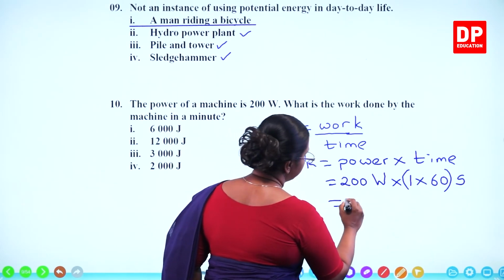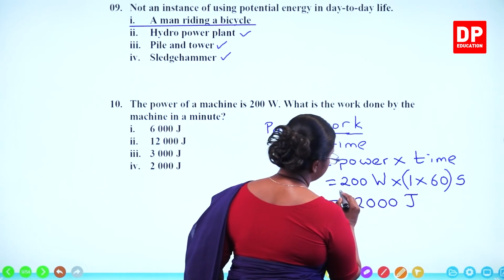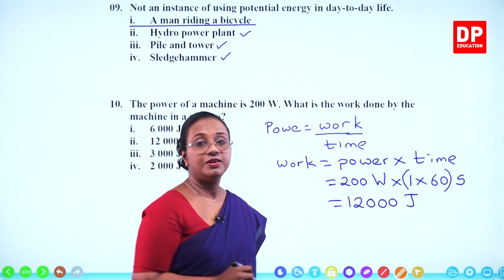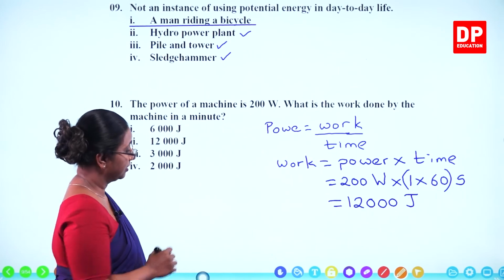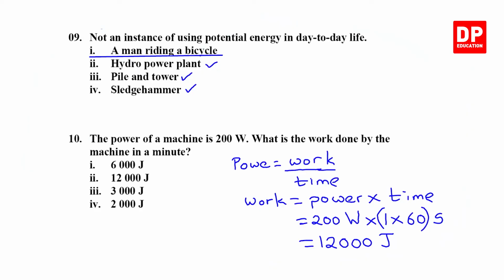So that is going to be 12,000 joules. 200 into 60. 2 into 6, 12. And it will be 12,000 joules. That is the work done. So if we look at the answers, 6,000 joules, 12,000 joules, 3,000 joules and 2,000 joules. So the answer should be 12,000 joules.